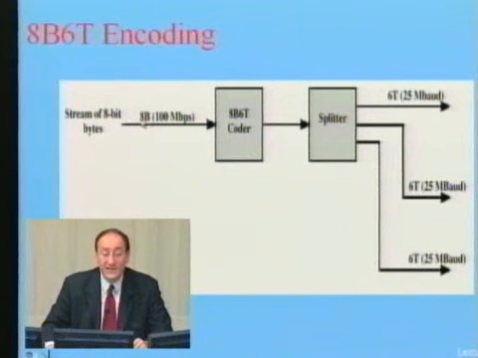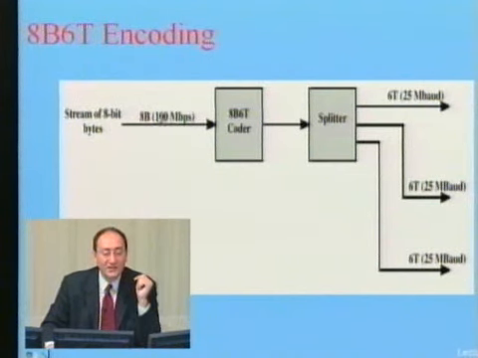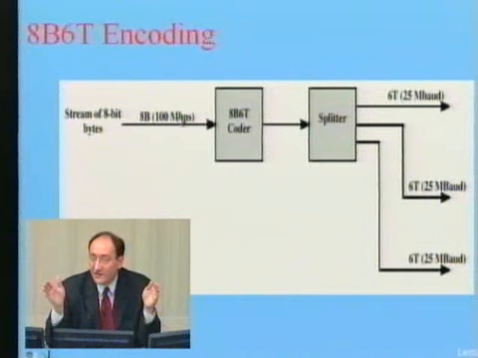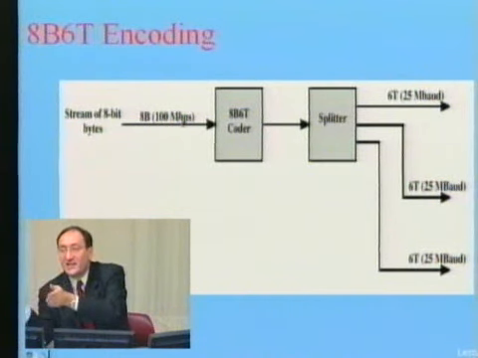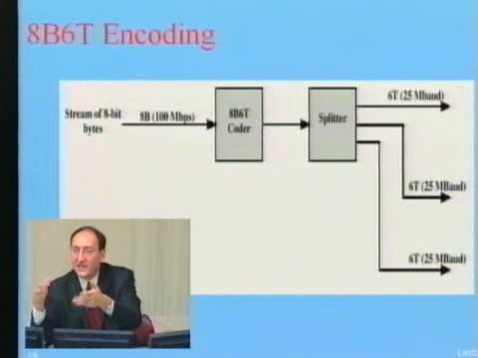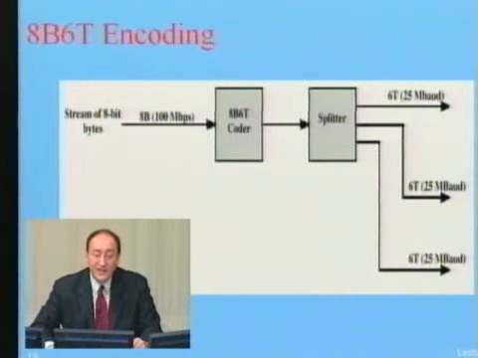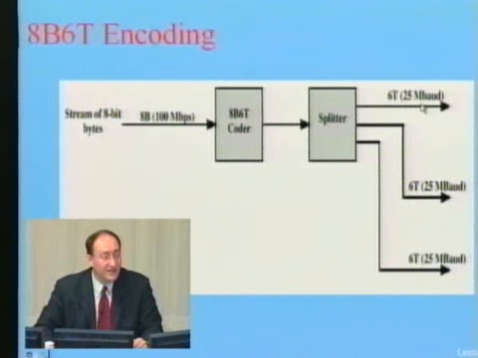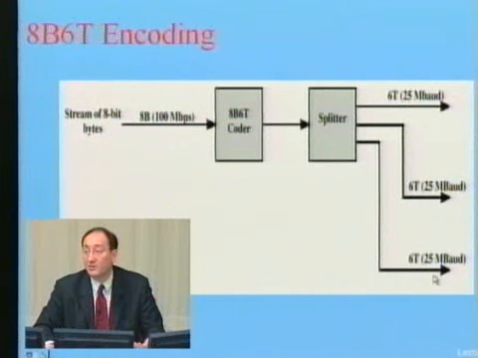What comes in is 8 bits at the rate of 100 megabit per second. So the data coming at 100 megabit per second, I take every 8 bits, I translate to 6 transitions, and I send it at trinary, which is equivalent to 33.3 megabit per second. And 3 of them is 100 megabit per second. Understood?